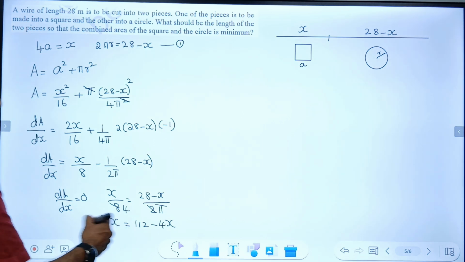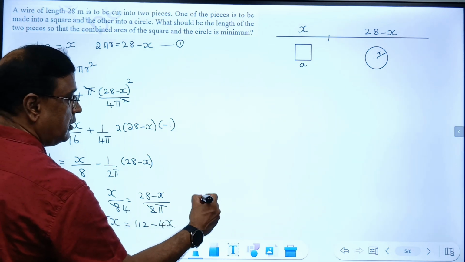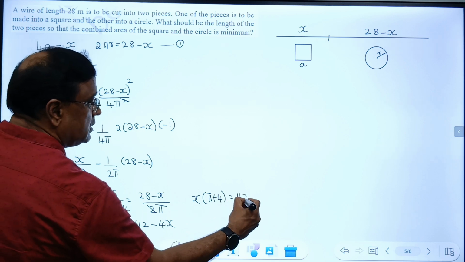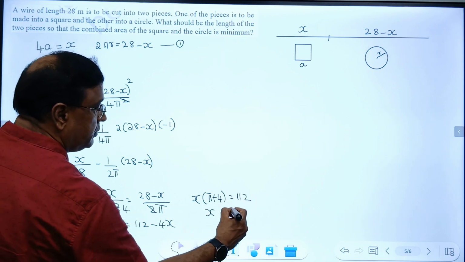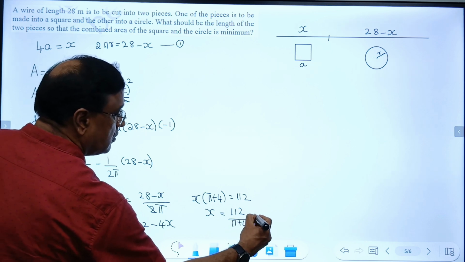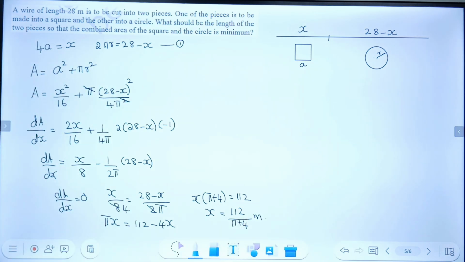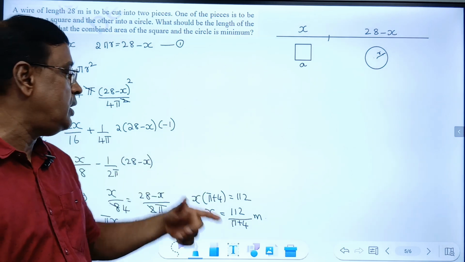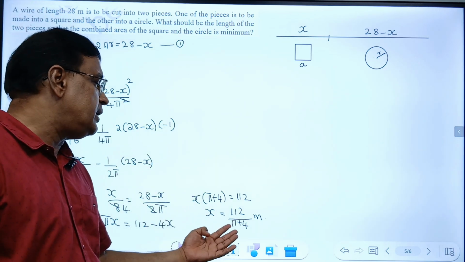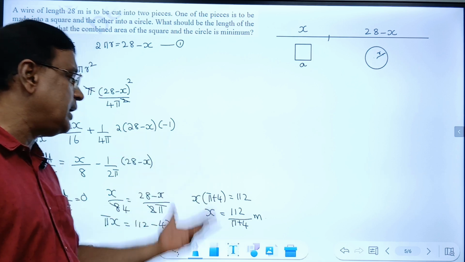Now bring all the x together, so x is common, you get pi plus 4. So what is x? The length of one piece is 112 by pi plus 4. This is the length of the piece. The first piece which is made into a square will be 112 by pi plus 4. If you want to calculate, you can take pi as 3.14 and do the calculations.